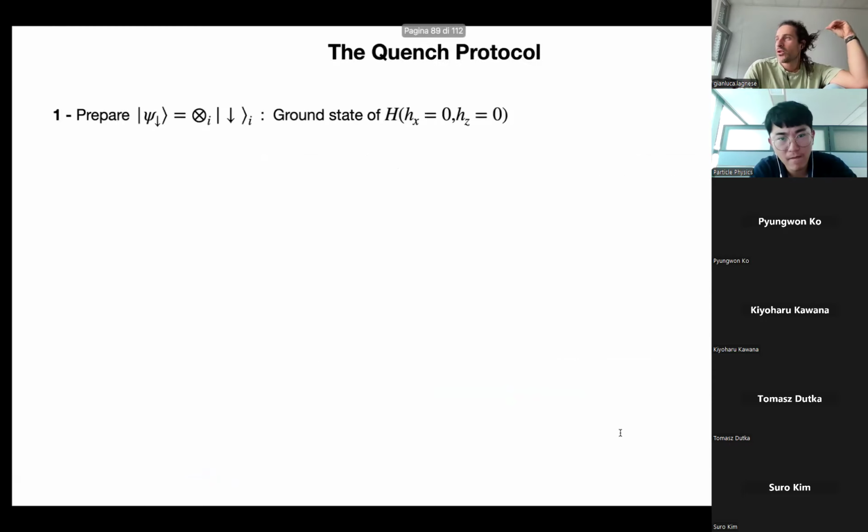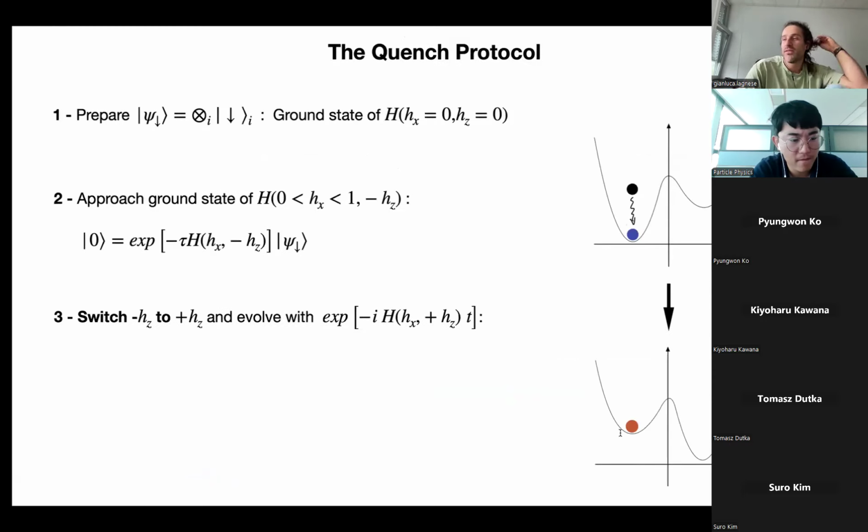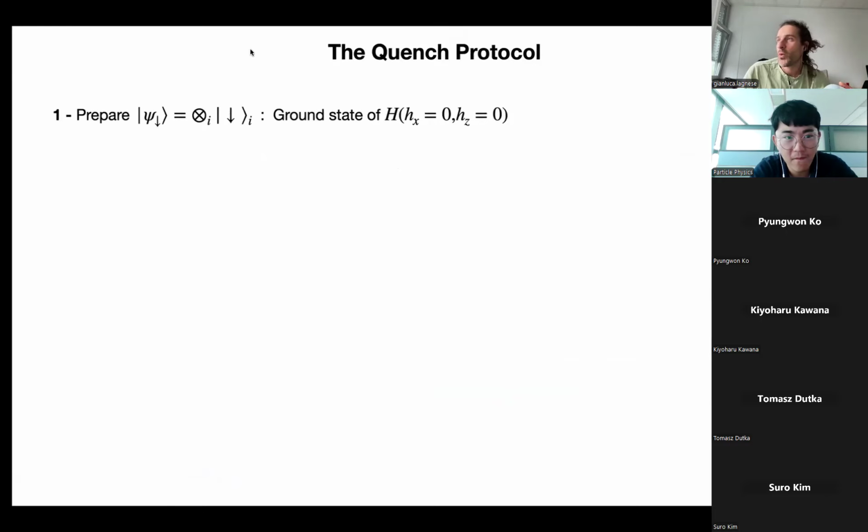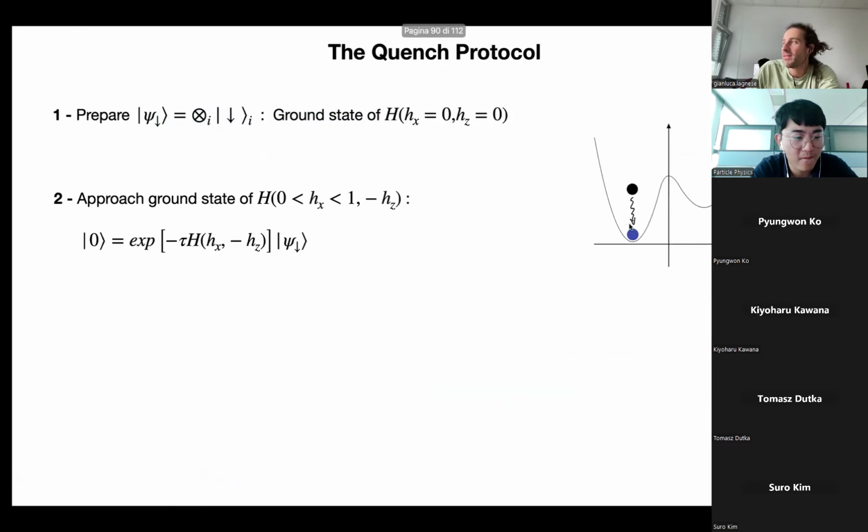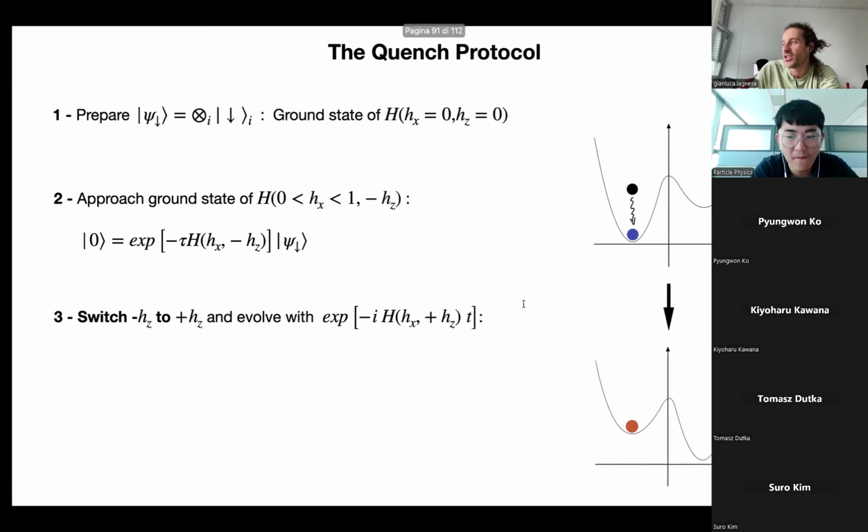And what we did, essentially, we devised this quench protocol. So you write your system in the fully polarized state again. But then we perform some adiabatic, if you want, imaginary time evolution to let the state relax to this vacuum, and then we change the sign of the longitudinal field such that this state goes into the unfavored configuration.